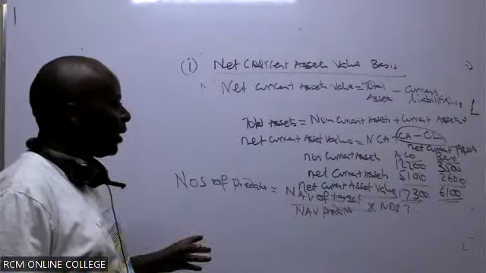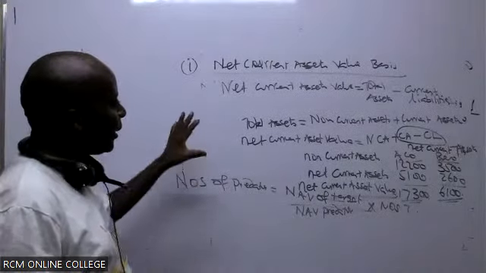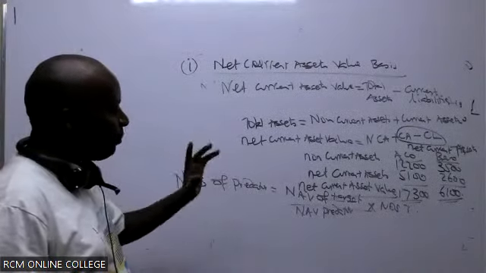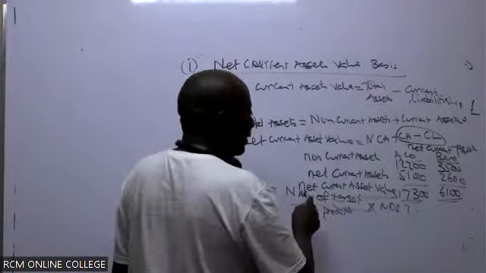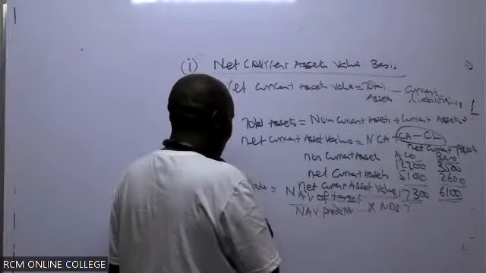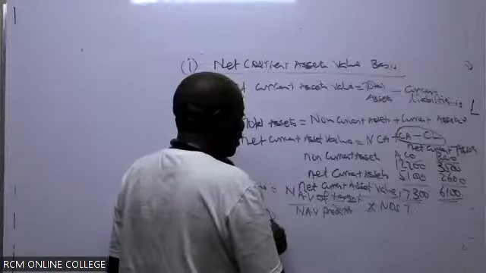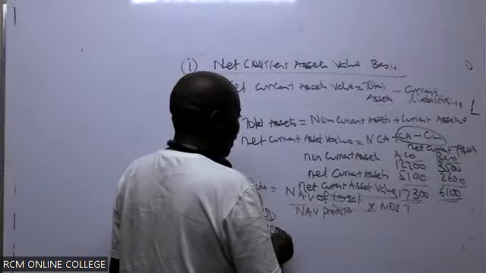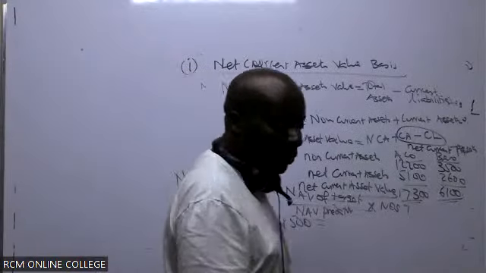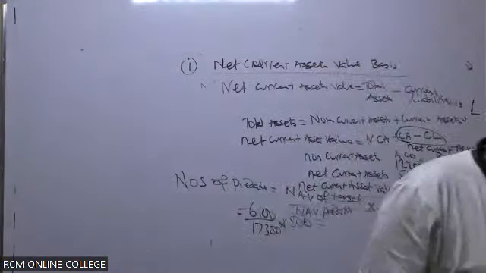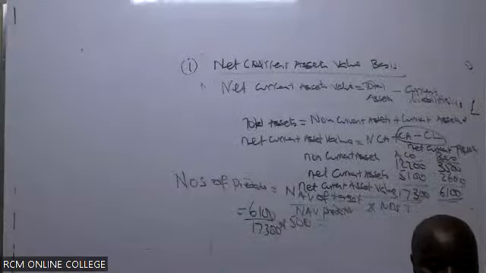Very important, so that when I repeat this concept it becomes clearer, and I'll explain why you need to use both methods in an exam. So our net asset value using this will be 6,100 for Bero, the target, over 17,300 times the shares of the targeted company, 500. So what are we able to get, ladies and gentlemen?